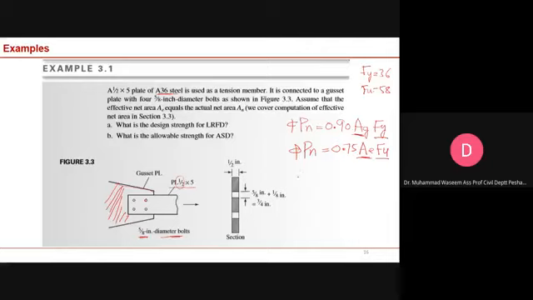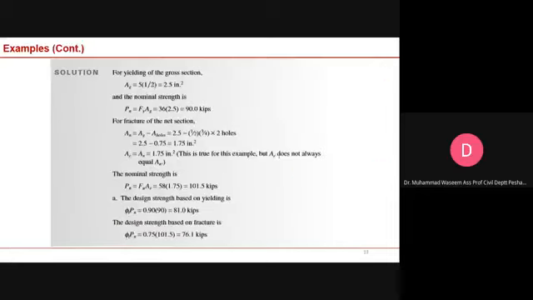How can we calculate the gross area? We multiply the two dimensions: gross area is 5 times half. So you will get this gross area, and you can calculate the nominal excessive deformation capacity. For fracture, you need to know the net area. And how can we calculate the net area?